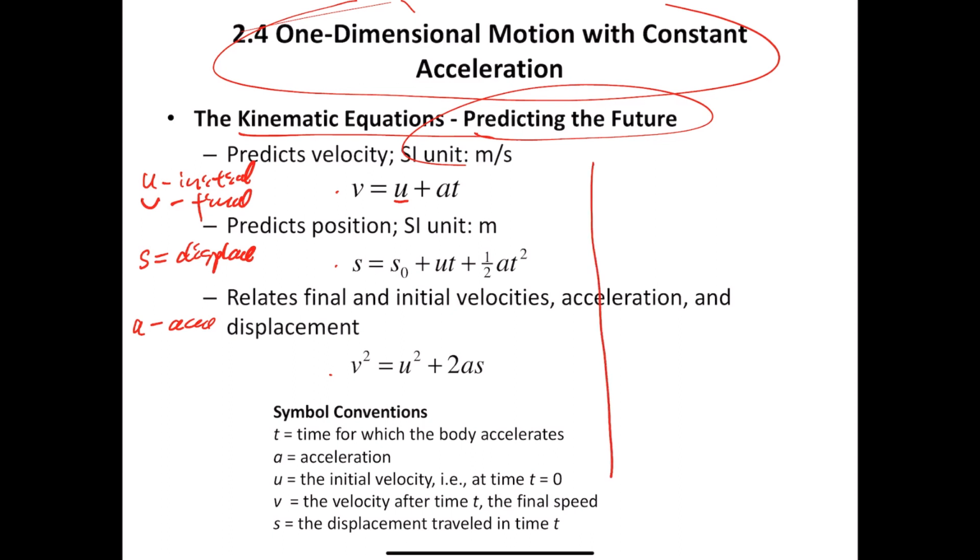But I know some of you may use V equals V0 plus AT. Some of you may do it like this: D equals V0 T plus half AT squared.